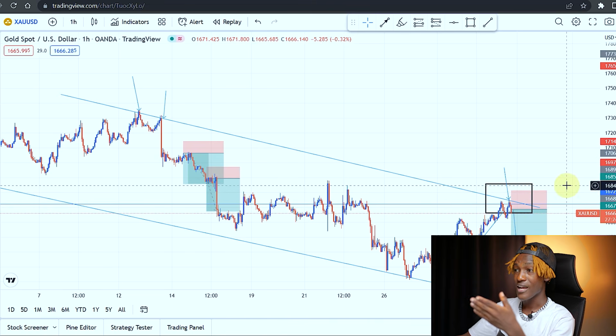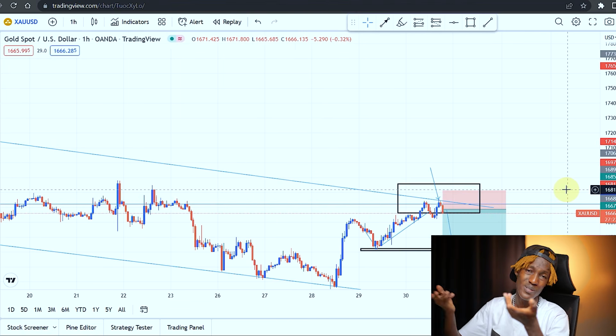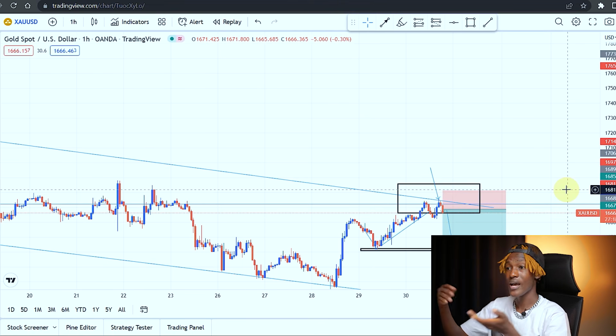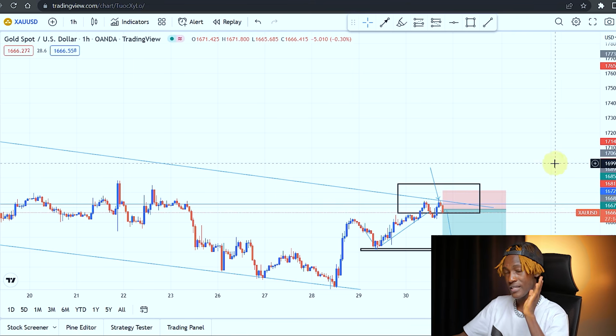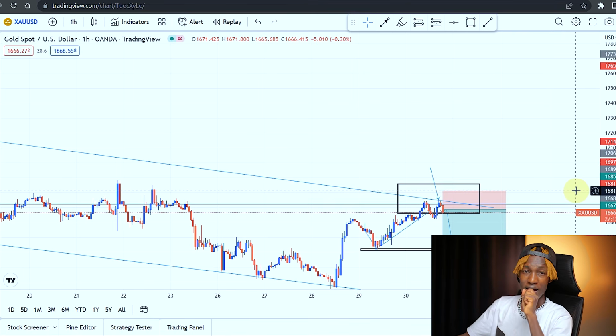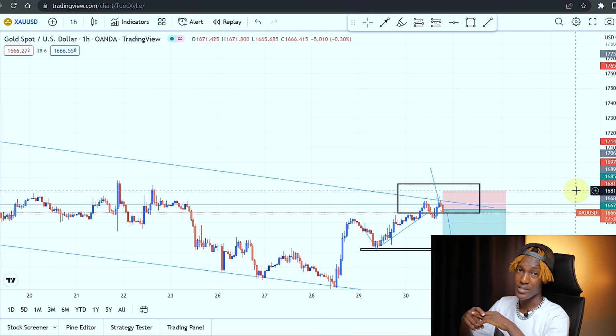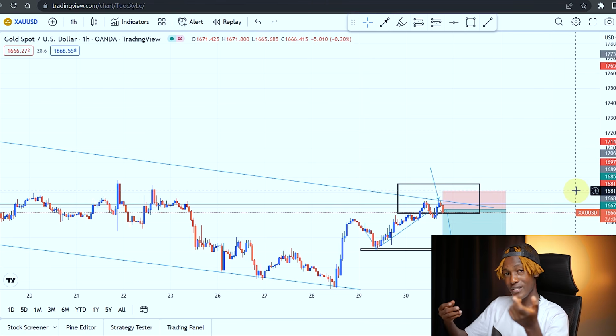Now, after finding out that we are bouncing off a key level, whether it's a trend line, a horizontal line, or your support or resistance levels, now it's time to get entries. This is the most tricky part. Most people don't know how to get entries. The worst thing is, if your entries are incorrect, you are going to fight with drawdowns.